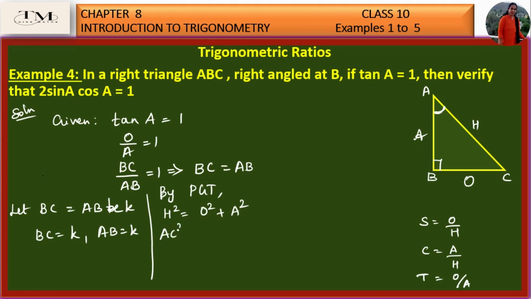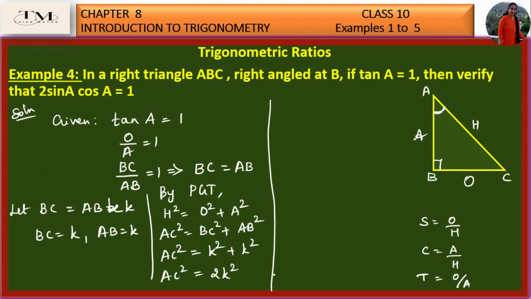So what is hypotenuse square? It is AC square. Opposite square is BC square. Adjacent square is AB square. So we have to find out AC. So BC square is K square and AB square is also K square. So we got AC square equal to K square plus K square is 2K square.